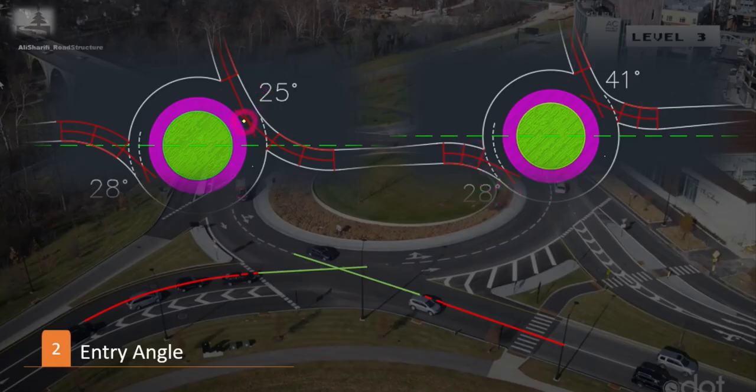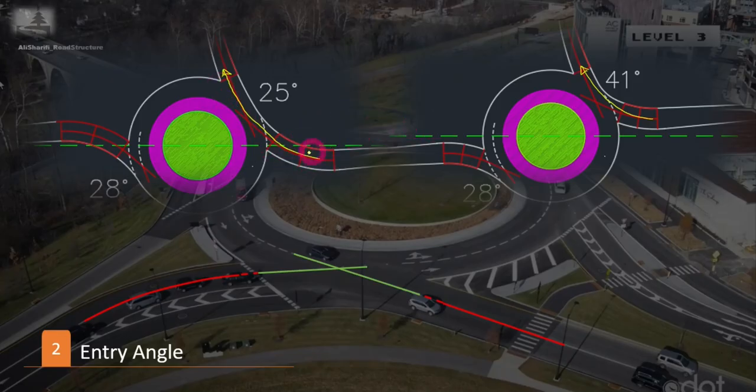You see, it's easy to notice that making a right turn from this entry at this alignment, due to the small entry angle, is really easier than this one here. So smaller entry angles mean easier right turns from that entry.